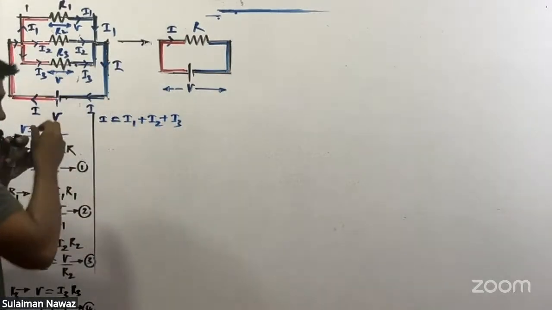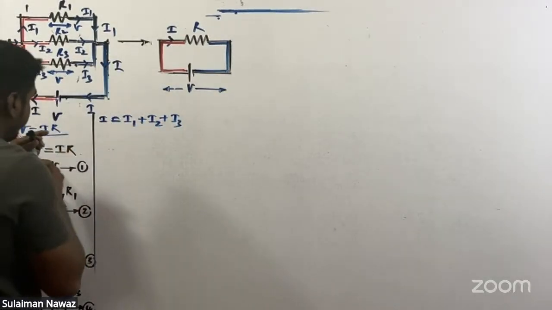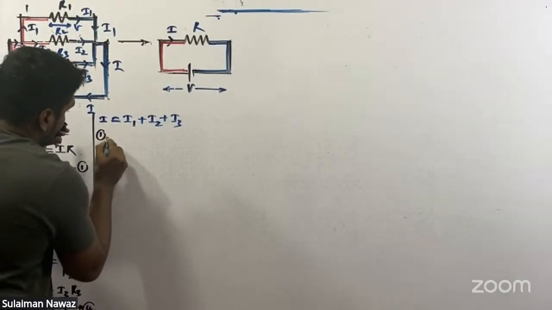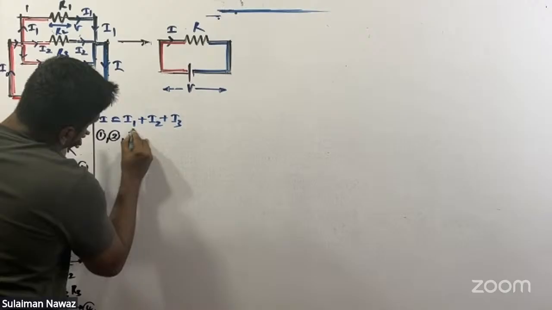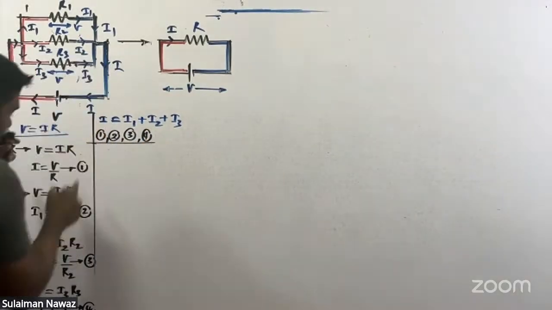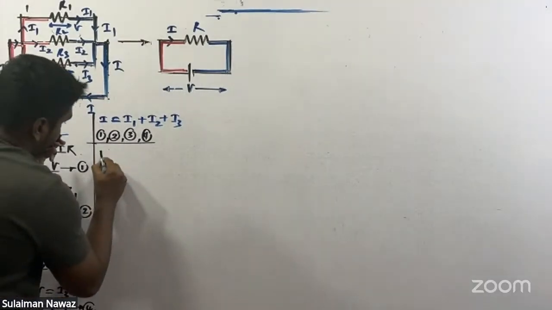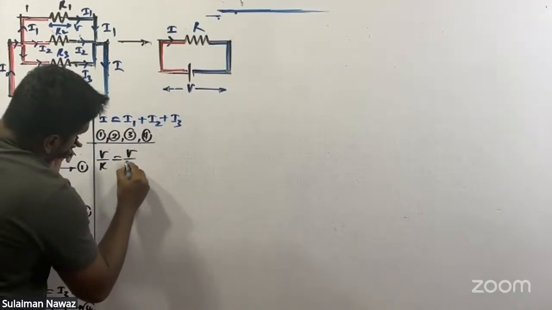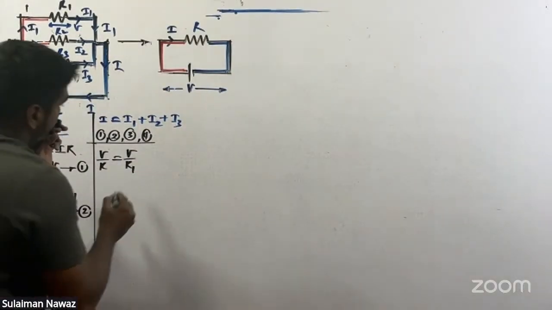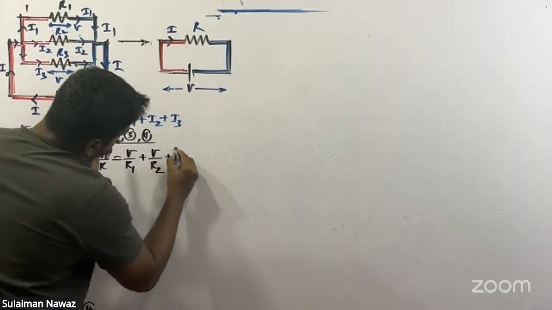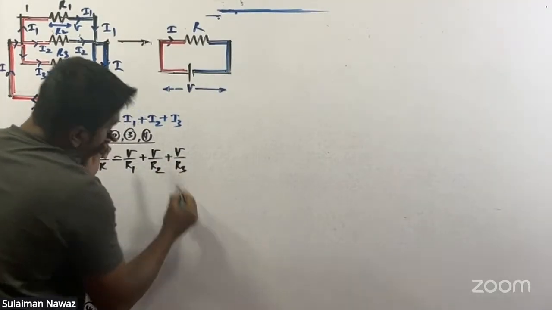If you substitute from equations 1 to 4, you can obtain an equation for equivalent resistance. I means V over R, which must be equal to I1, which is V over R1, and I2, which is V over R2, and V over R3.